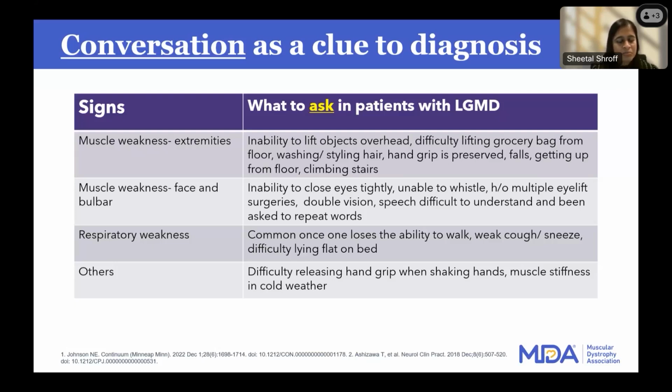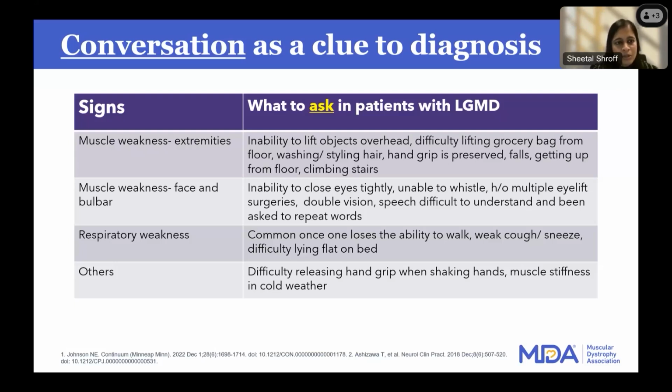Initially I used to have a forceful sneeze, and now it's a very weak sneeze. And then they do notice that laying flat on the bed is difficult. Mainly they're not able to breathe as easily laying flat on the bed because of the weakness of the diaphragm.